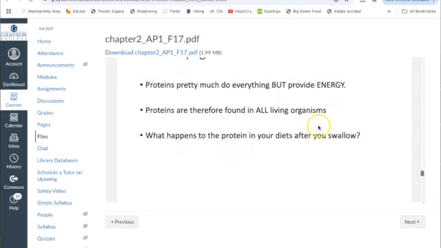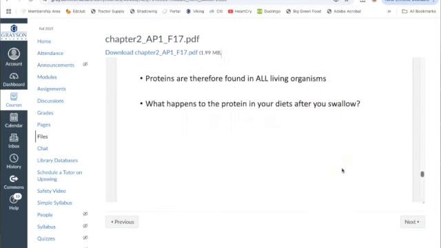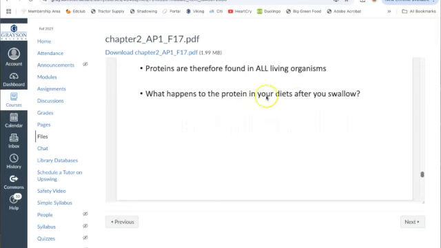Proteins are therefore found in all living organisms. So the protein that you eat, like a steak, if you eat a cow protein, we're not going to become a cow by eating more cows. What happens is the body will denature it. It will break it down into basic amino acids and rebuild it for what our body needs.